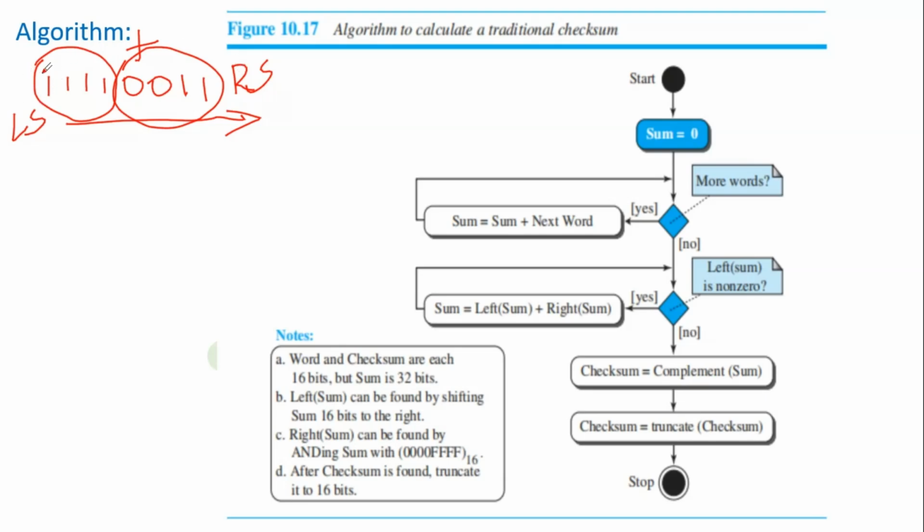Likewise, if it happens 4 times, all these 4 bits are discarded, all these 4 bits are shifted to this side, and all these 4 bits become 0. So my result will be 0 0 0 0 1 1 1 1.